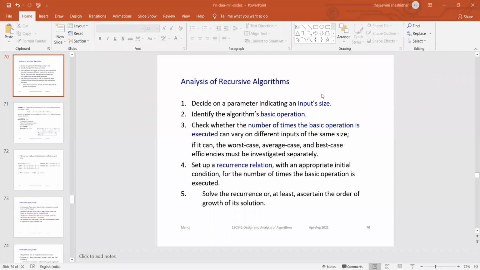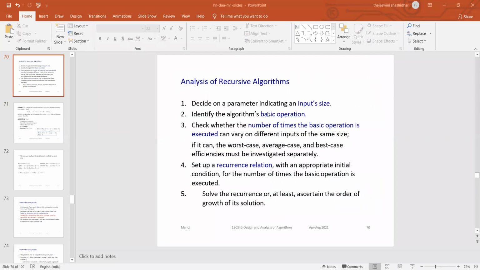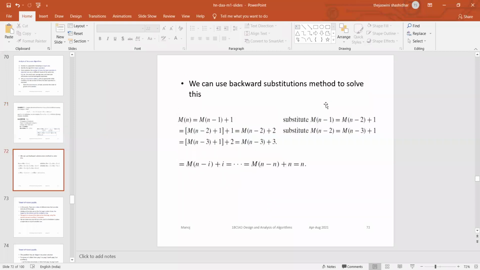I will tell you. The input size is n, because n is the value we are going to give. The basic operation is this one: n into (n minus 1) factorial. How many times the statement will be executed, you have to go with input size n.